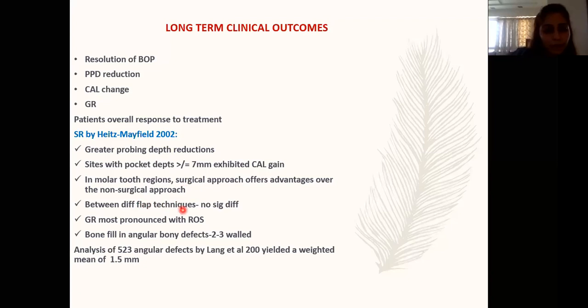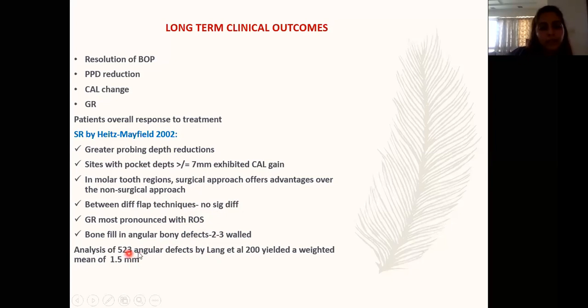As for differences between flap techniques, there was no significant difference per se, either in the short term or in the long term outcome. Gingival recession was most pronounced when resective osseous surgery was entailed. Bone fill in angular defects was majorly seen in 2 or 3 walled defects. 1 wall defects hardly showed bone fill.